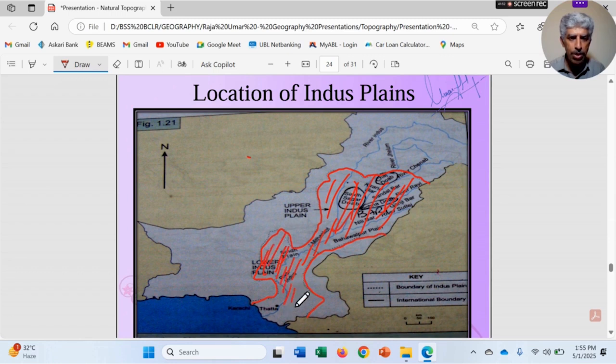So first of all, the definition of Indus Plain: the area which is irrigated by river Indus and its tributaries.